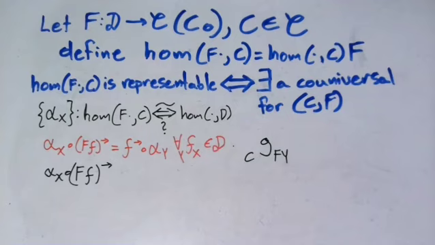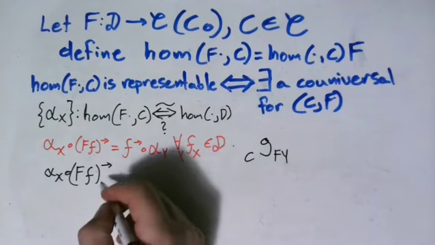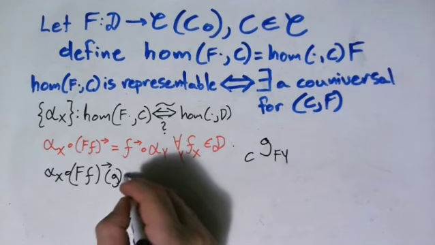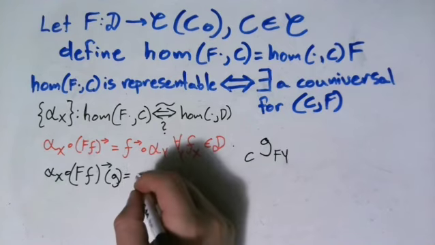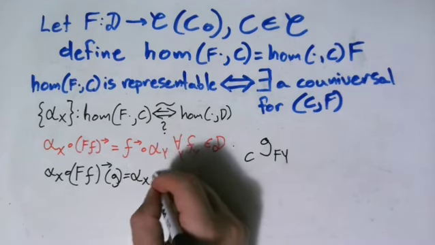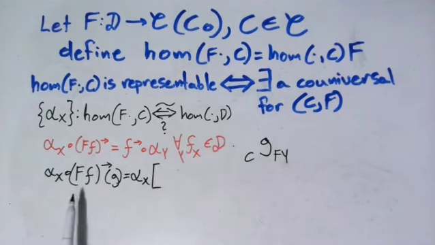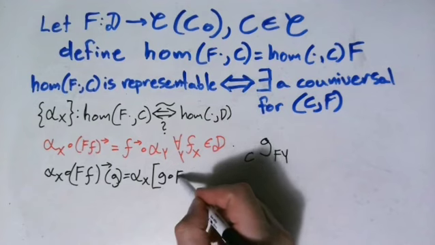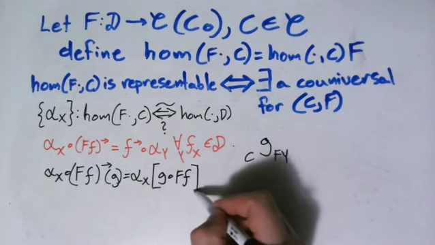And so if we have lambda x after precede by F of f applied to g, that's going to be lambda x applied to the result of precede by here, which is going to be g after F of f.